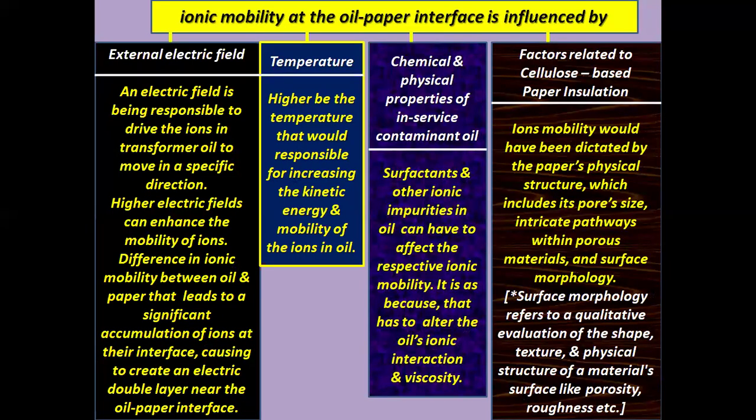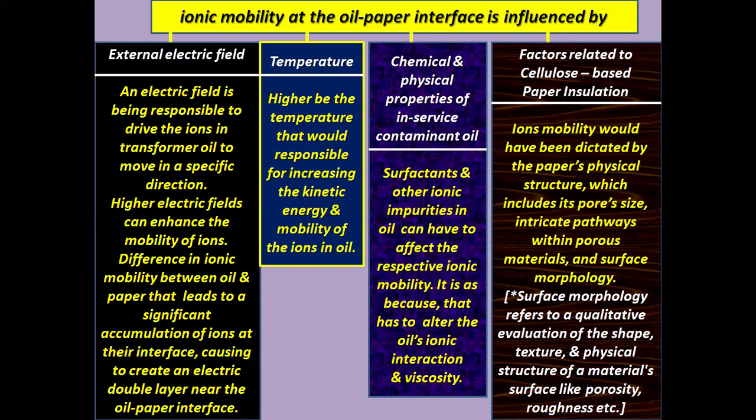Ionic mobility at the oil paper interface is influenced by external electric field. An electric field is responsible to drive the ions in transformer oil to move in a specific direction. Higher electric fields can enhance the mobility of ions.